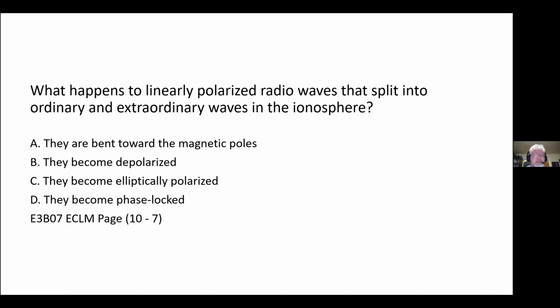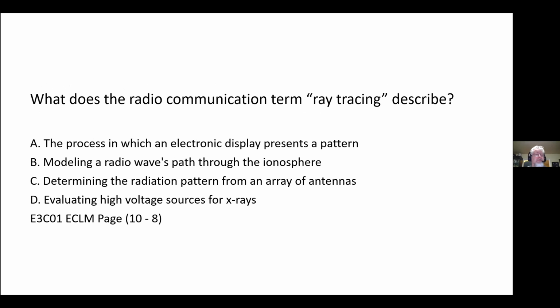A, they are bent towards the magnetic poles. B, they become depolarized. C, they become elliptically polarized. Or D, they become phase locked. Charlie is correct. They become elliptically polarized.